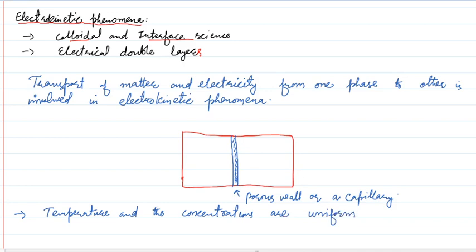When this is a porous wall or a capillary, the temperature in this compartment, suppose this is compartment 1 and this is compartment 2, will be uniform. And similarly, concentrations are uniform throughout the system.